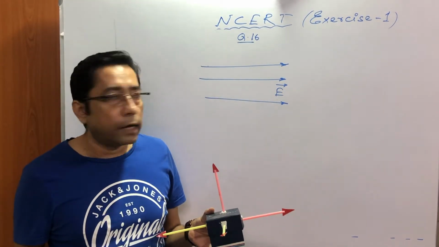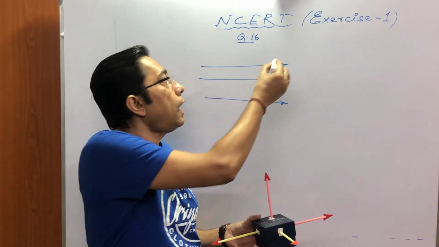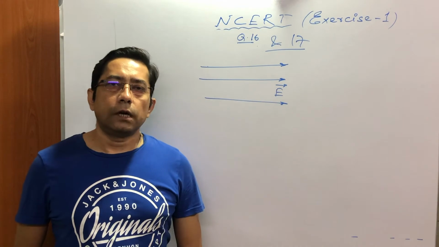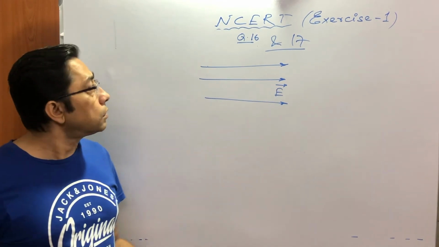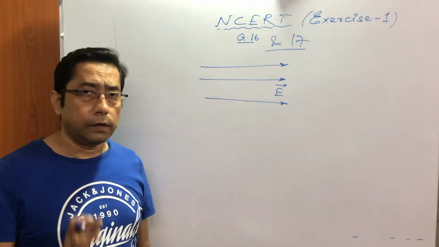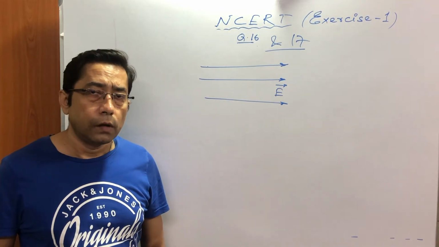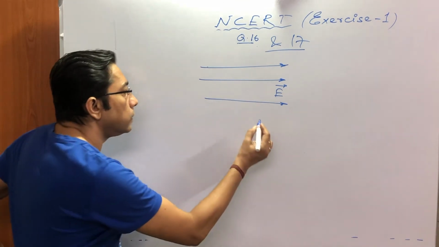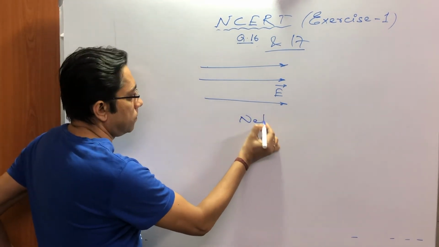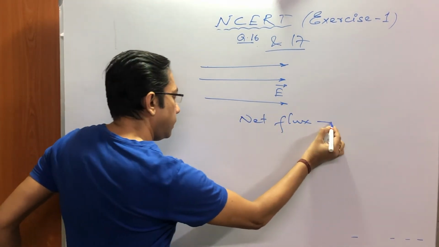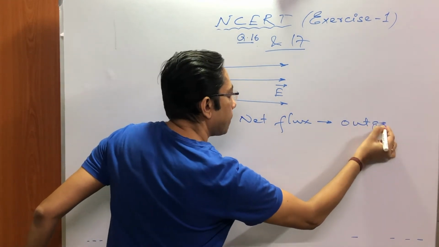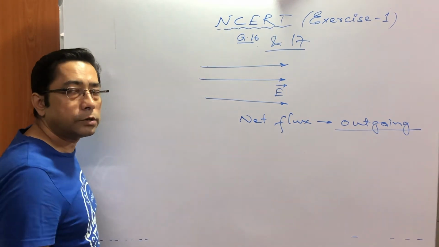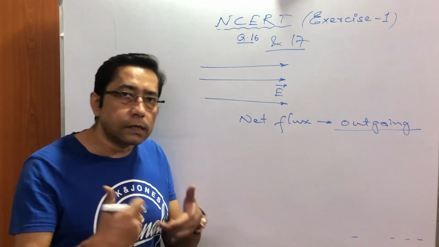Before you start, next, sum number 16 and sum number 17. So I suppose you understood question number 16, that net flux should be 0. Now let us go back to question number 17. There it is said that the net flux is outgoing.